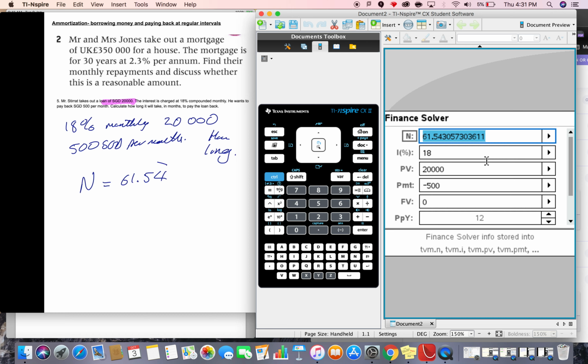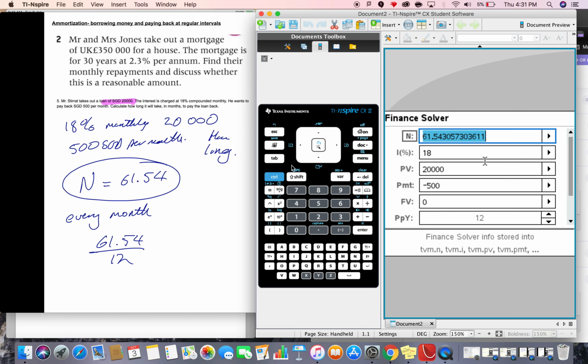We make 61.54 payments, but we pay every month. We make 12 payments in 1 year. So if we take 61.54 and divide it by 12, now we've got the idea about how many years it will take. And this is about 5 years.